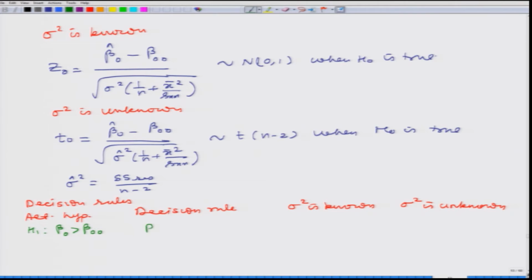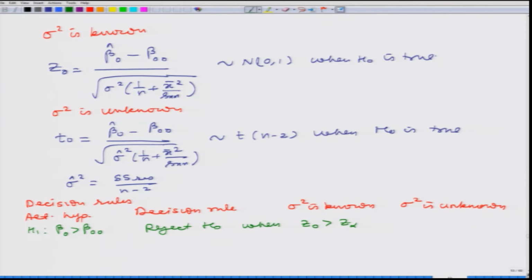In this case, the decision rule is to reject H naught when, in case sigma square is known, the value of Z0 is greater than Z alpha, where Z alpha is the alpha percent point on the right tail of the normal 0 1 distribution.